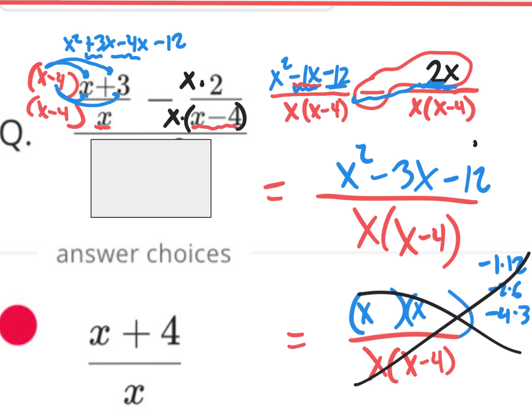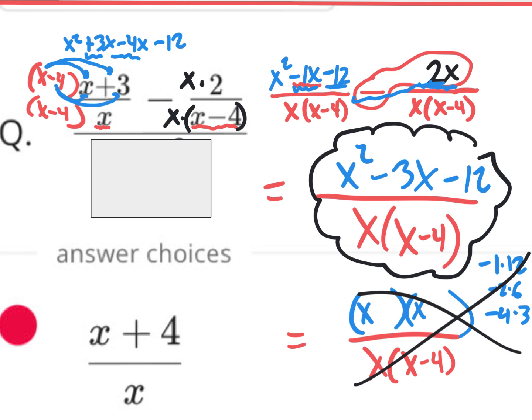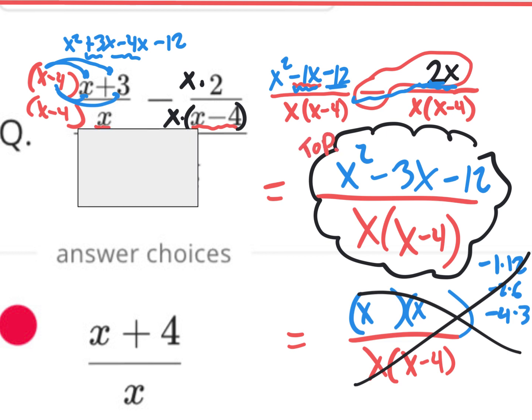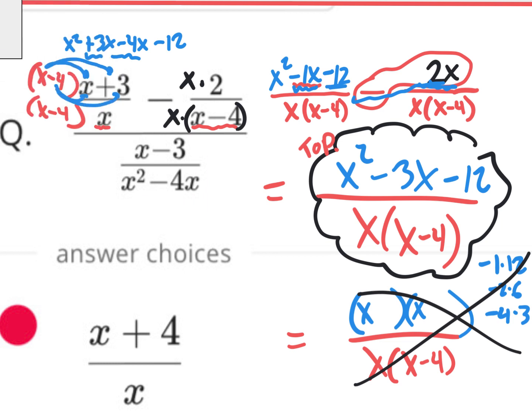So this right here is barely the numerator of our complex rational expression. That was the answer to this top part. So I'm going to put maybe the word top right here, or numerator. That way I know I'm going to write that on top over this guy down here, which is x minus 3 over x squared minus 4x.